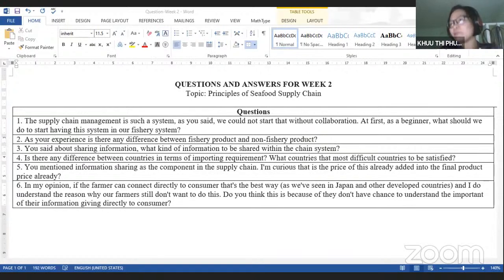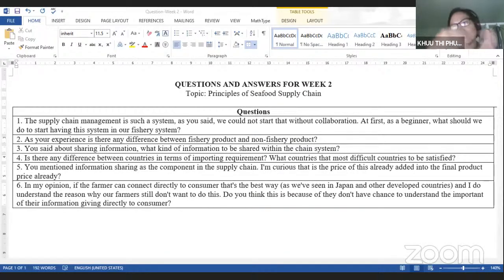We have to compare together and remember that we operate on a very small scale. And we are the main supplier of seafood products in the world. Our main purpose is to export.